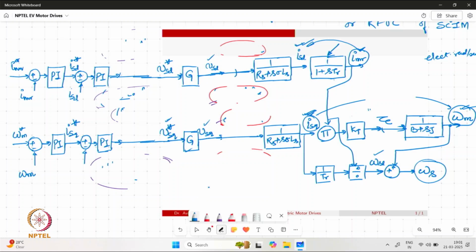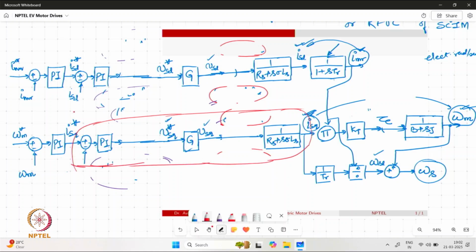Now, looking at the system, what we realize is that we have current quantities coming within the flux and speed control loops. So for example, when we are talking about the speed control, we have the PI controller which is eventually controlling the speed. However, there is a current control loop sitting within the speed control loop.